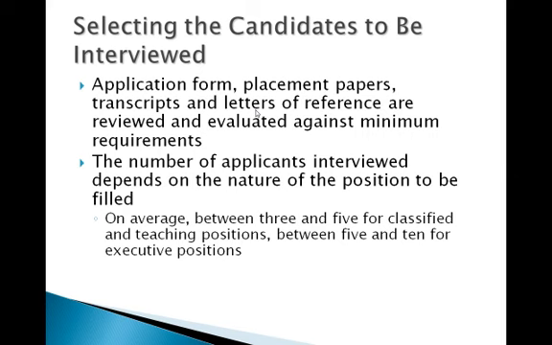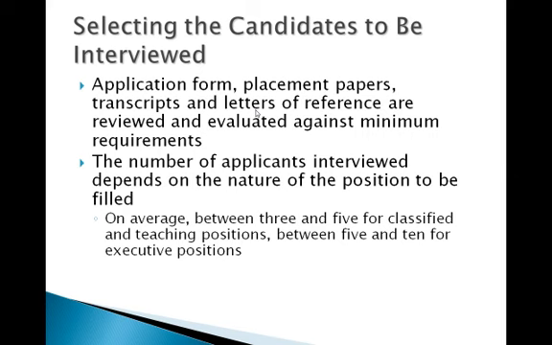Furthermore, I would suggest that if you are a building level administrator, that you should have some discussions with district office personnel about how candidates will be selected and what your role as a building level administrator will be in the screening process. It can vary from district to district.